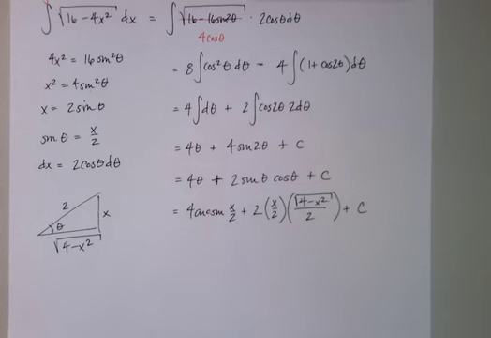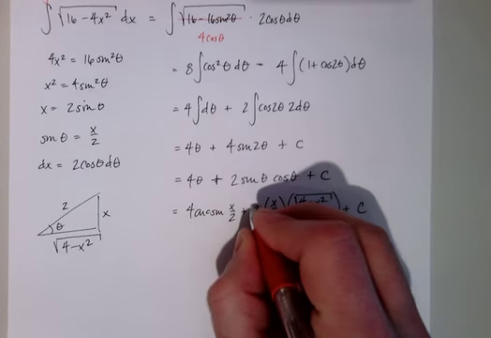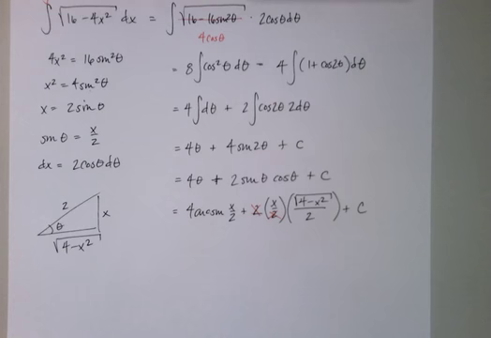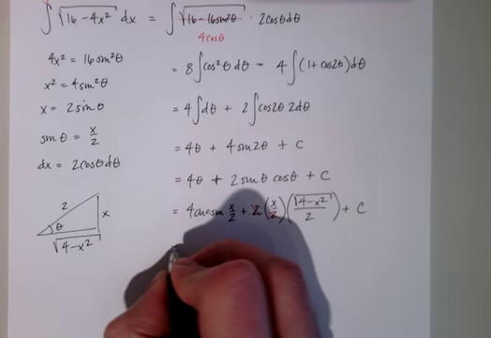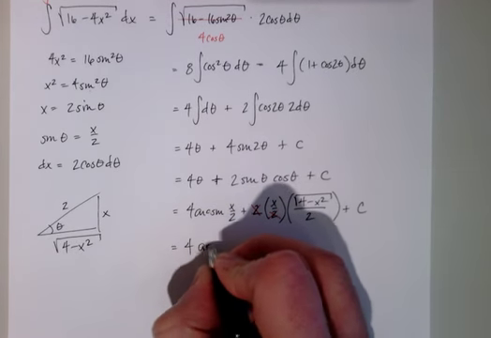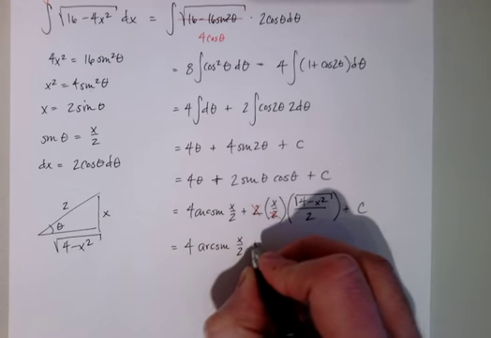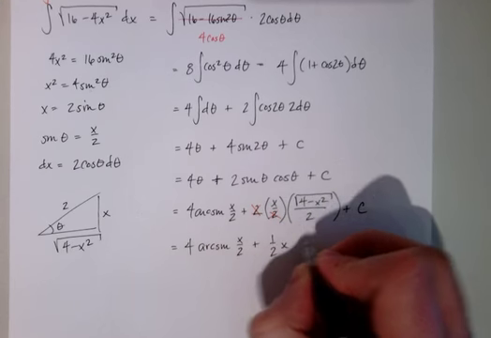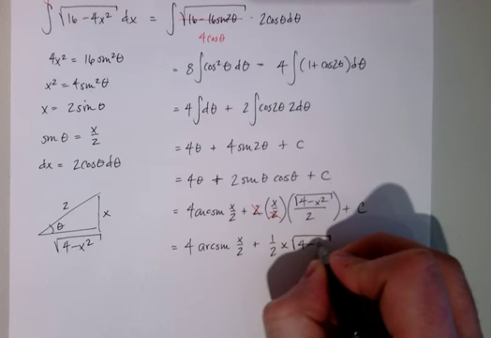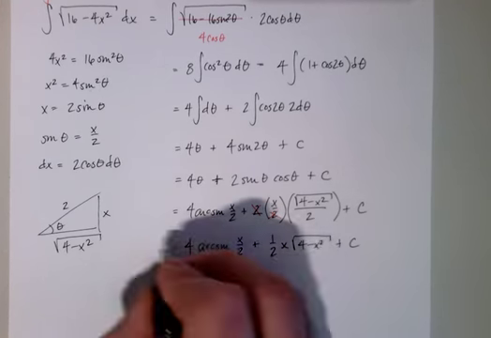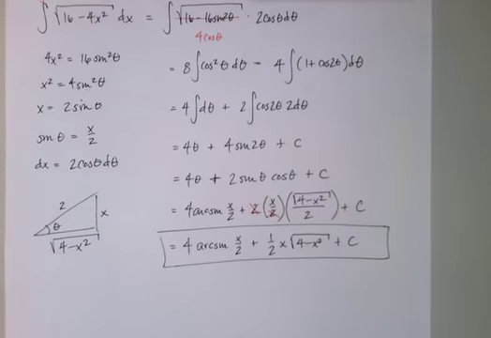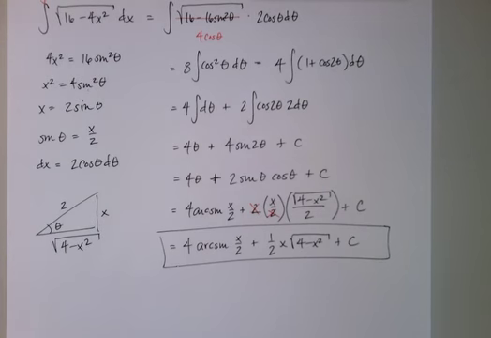Okay? Well, in that case, I recognize the fact that this 2 and that 2 are going to cancel out. And I get 4 arcsine x over 2 plus 1/2 x times the square root of 4 minus x squared plus c, and that should be easy enough.